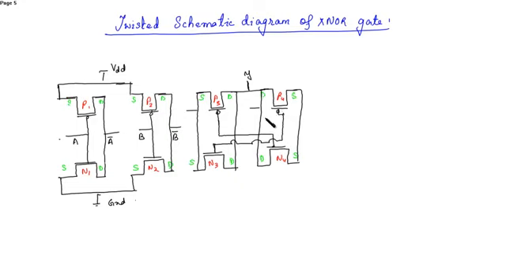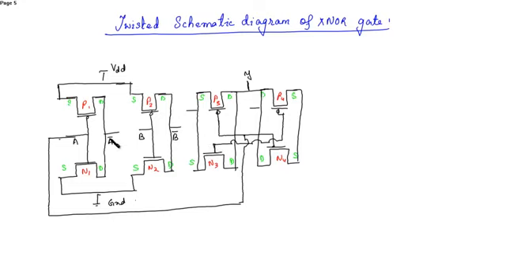Okay, gates are interconnected. The input A is given to this gate, so we'll connect from here to this one. This is A. Then A bar is connected to the other end.